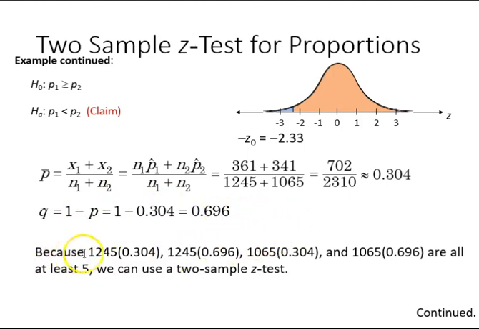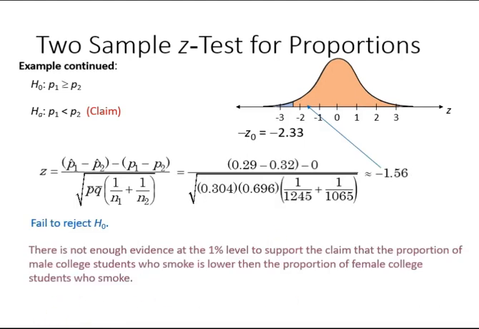So because the product of 1245 times 0.304, the product of 1245 times 0.696, the product of 1065 times 0.304, and the product of 1065 times 0.696 are all over 5, we do satisfy our assumption for the z-test. So we move on here to find our test statistic using our equation. And here is that.